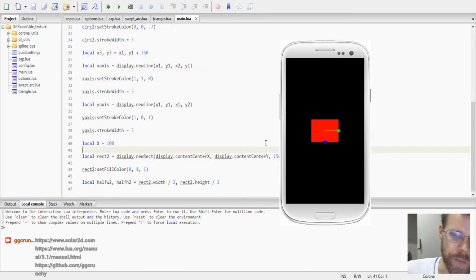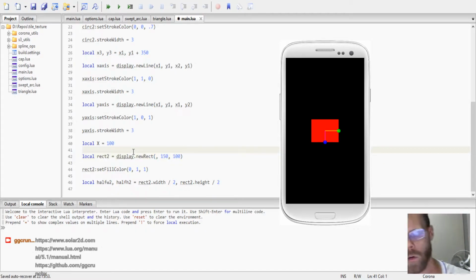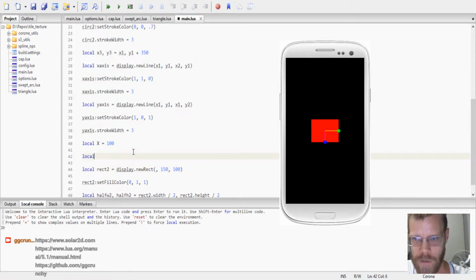Okay, so to figure out these positions for the center, we'll want X4, Y4.